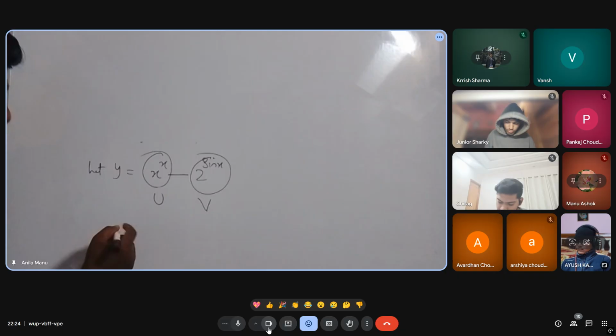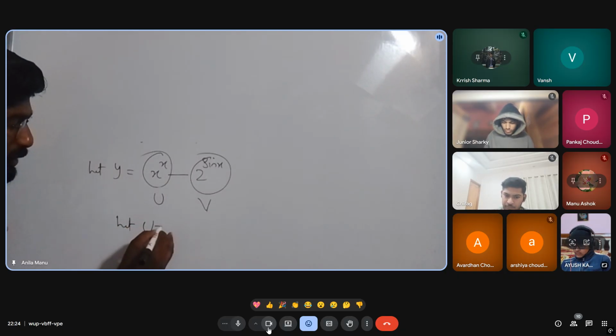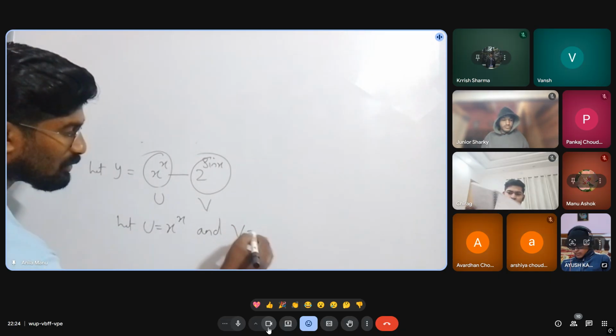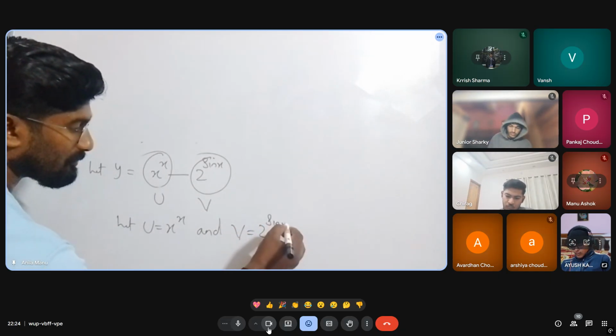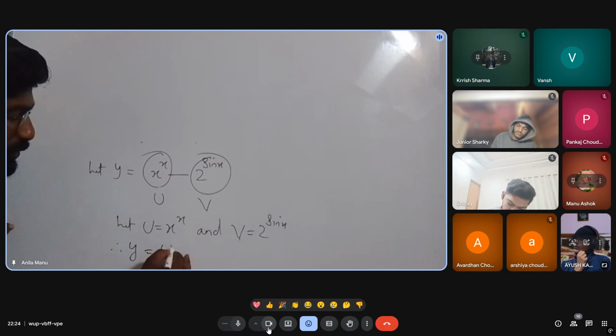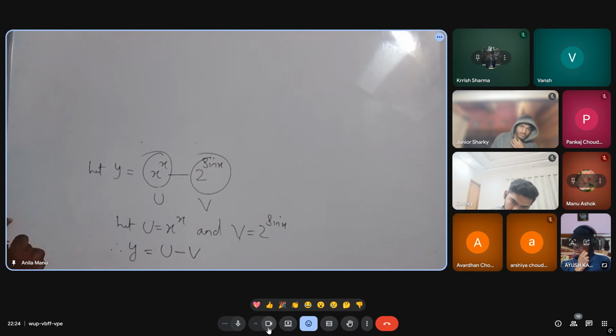Then take, let u is equal to x raised to x and v is equal to 2 raised to sine x. So that the function is in the form y is equal to u minus v. What do we have to find here? Tell me. dy by dx, right?